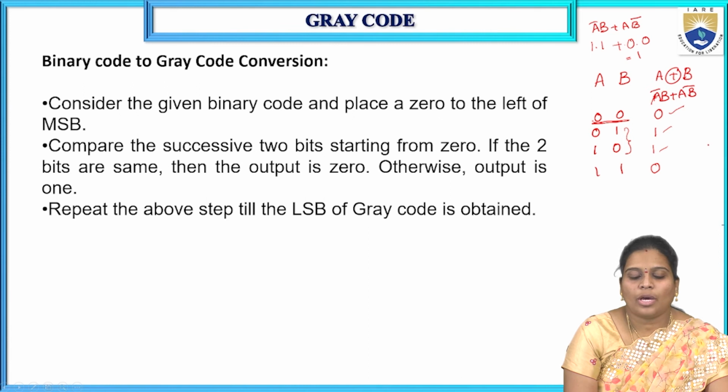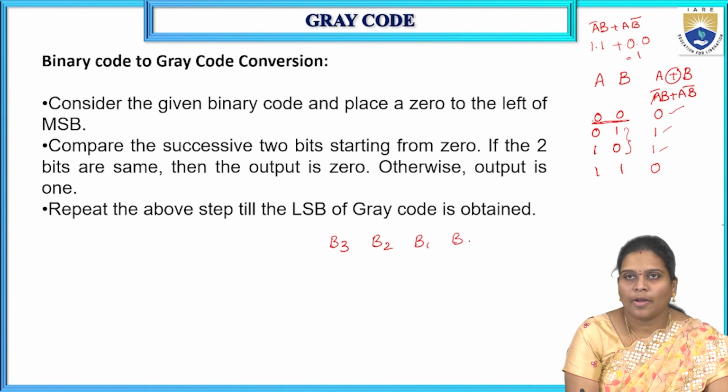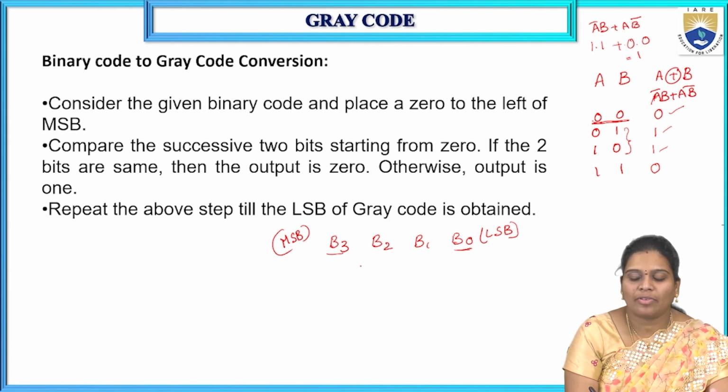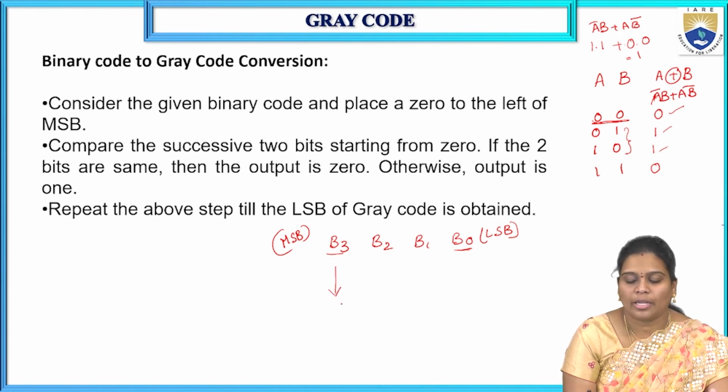Now, how is the binary code converted to gray code? First we take the 4 bits of the binary value, B3, B2, B1 and B0. The rightmost bit is called the LSB, least significant bit. B3 is the most significant bit. When converting binary to gray or gray to binary, whatever the MSB value is, we write the same MSB value.